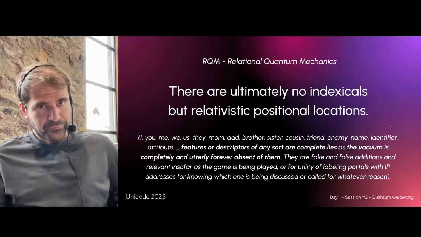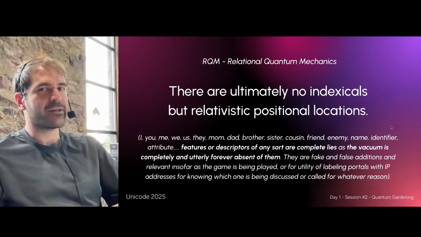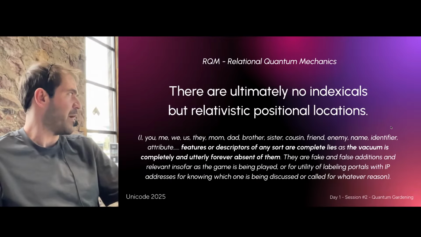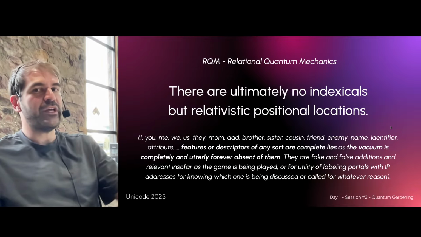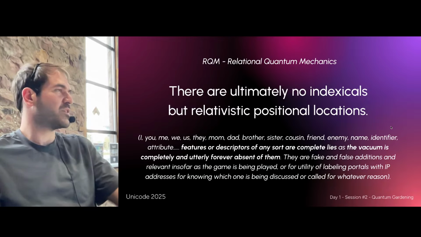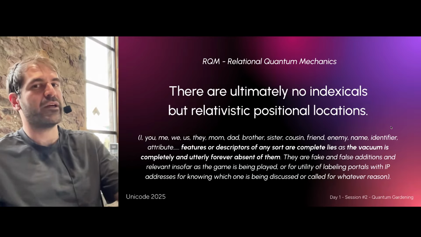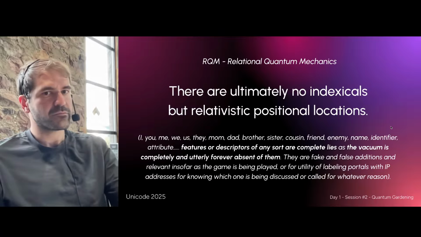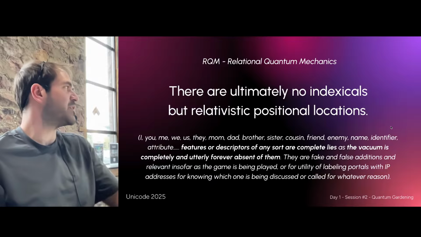So I, you, me, we, us, they, mom, dad, brother, sister, cousin, friend, enemy, name, identifier, attribute, all of those features or descriptors of any sort are complete lies, as the vacuum is completely and utterly forever absent of them.